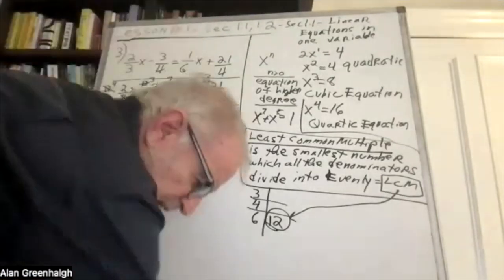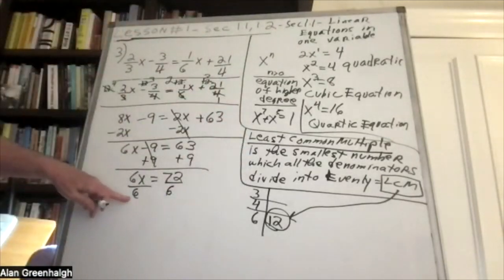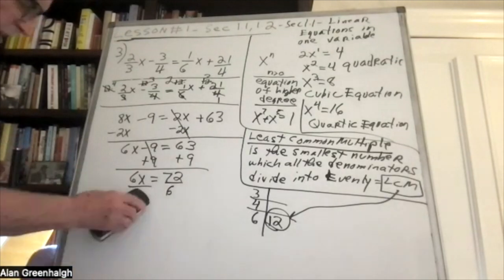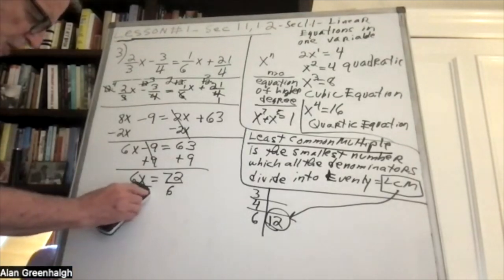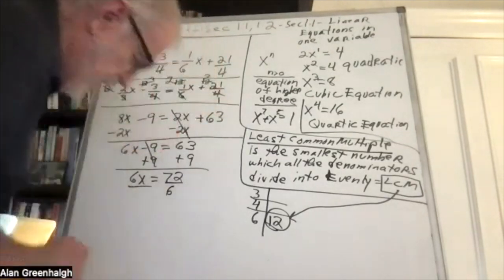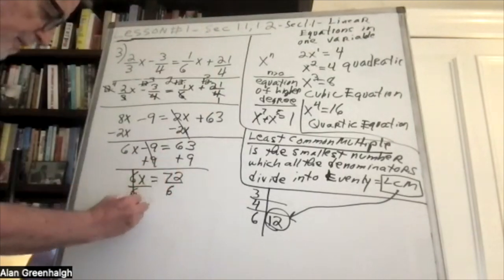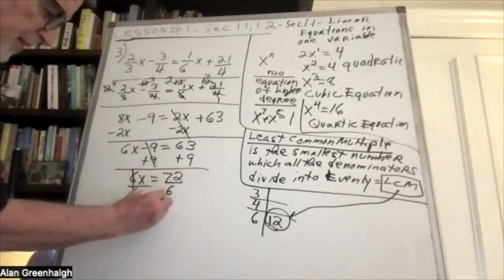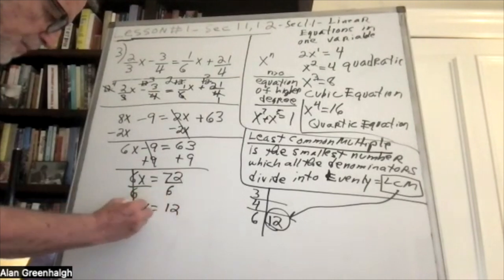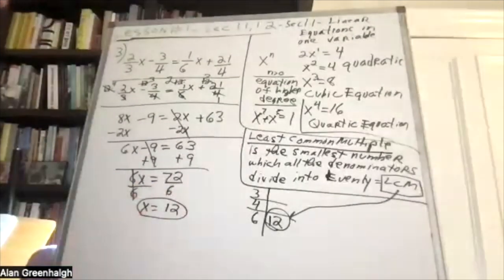See, I don't like the way this, see this number here? That doesn't look like a 6 to me, so I'm going to change it to make it really look like a 6. That drops out, and this comes out to 12. X is equal to 12.